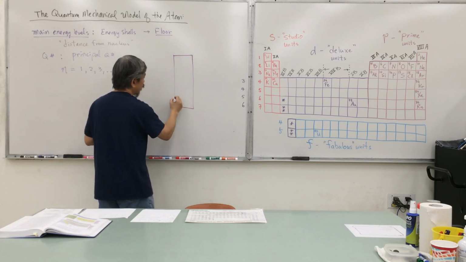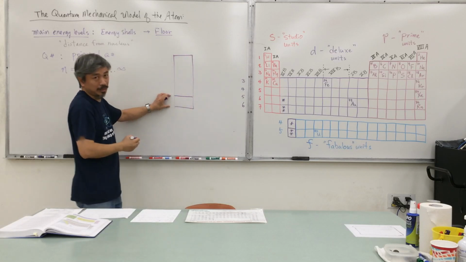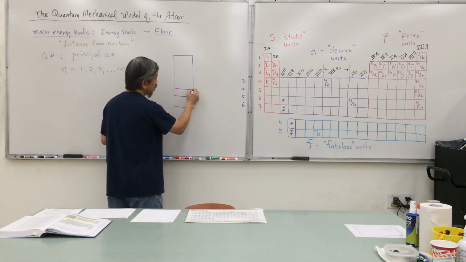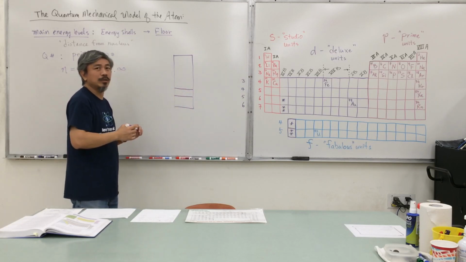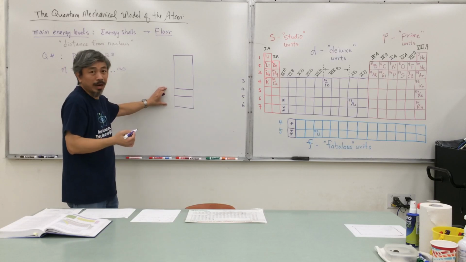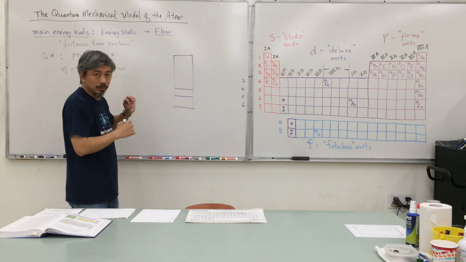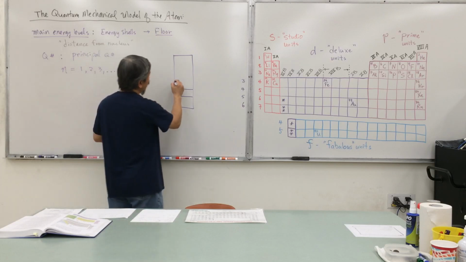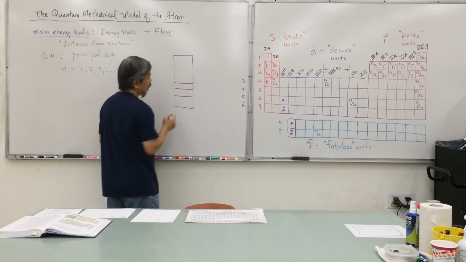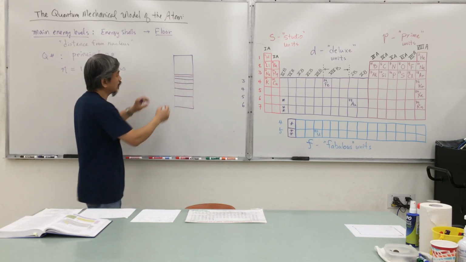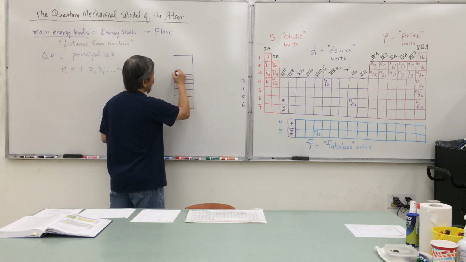You start off with the first floor that has a certain height to the ceiling. Then when you go to the second floor, you notice that the ceiling gets a little bit lower. Kind of unusual. This is not going to be very practical in our daily situation, but in the case of the atom, this is actually what's happening. As you go to the next floor, the ceiling gets lower still. And so the floors get closer and closer together until they sit right on top of each other.